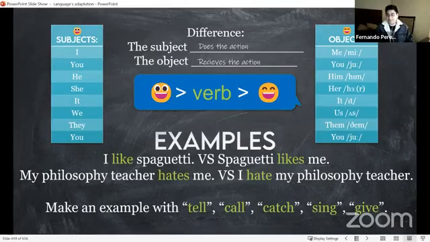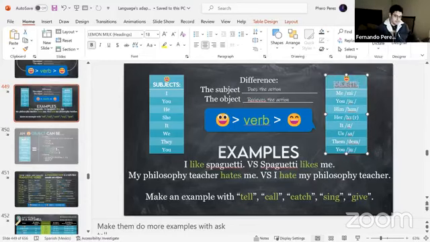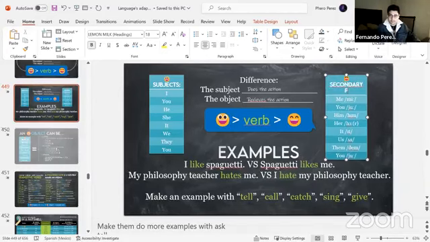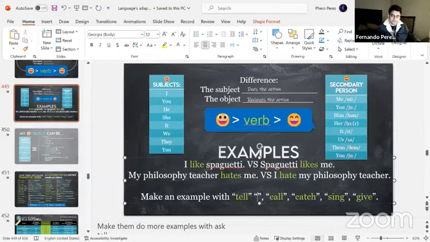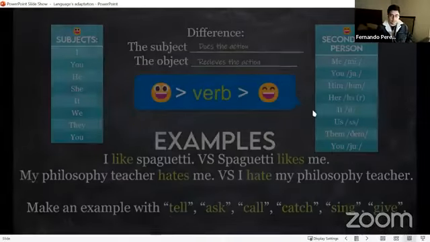I told you, she told me, etc. The verb ask is a transitive verb. Actually, let me collocate that in this slide. These are the secondary person. Here you can use the verb ask as well. You see?